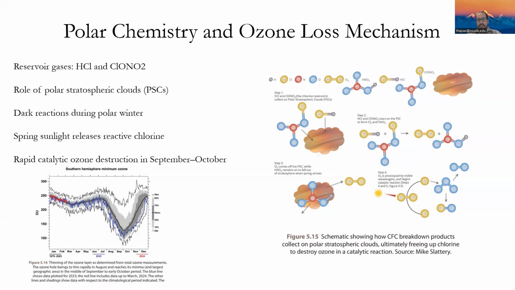When sunlight returns in the spring, this chlorine splits into reactive atoms that rapidly destroy ozone, as shown in the figure on the right. The result is a sharp seasonal decline, with the ozone hole deepening quite quickly in September and October, highlighting the unique vulnerability of polar regions to atmospheric chemistry.